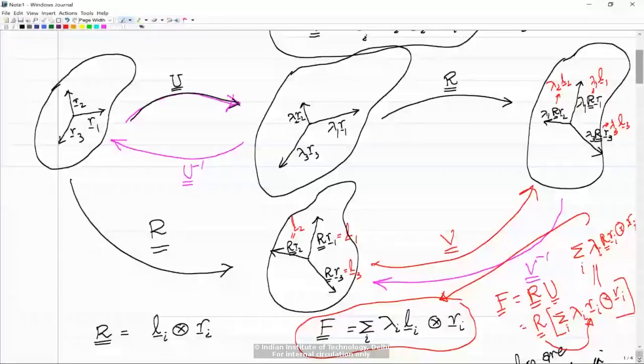Of course, there is a special case when, for example, lambda 1 and lambda 2 are the same, then any combination of L1, L2 is also an eigenvector. And in that case, you will have several line elements which will not undergo change in orientation.